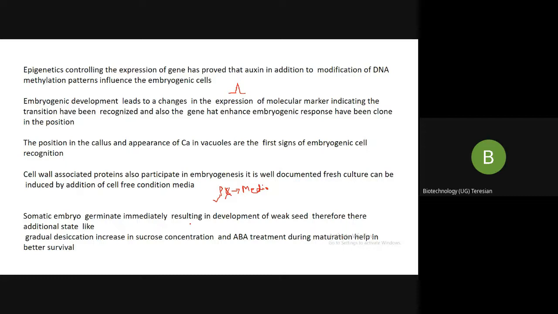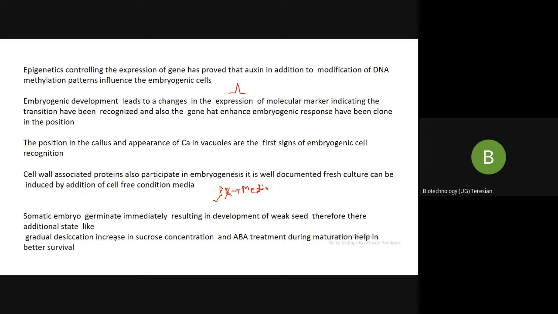No. Therefore, in order to have a healthy seed, you should make some alteration. That is, you should increase the gradual desiccation, increase the sucrose concentration, and abscisic acid treatment during maturation can help us to get better cells or better survival of the seed.